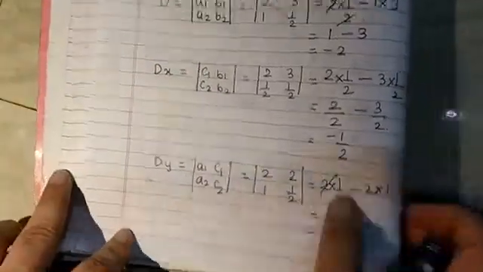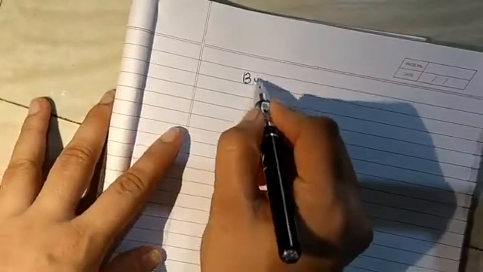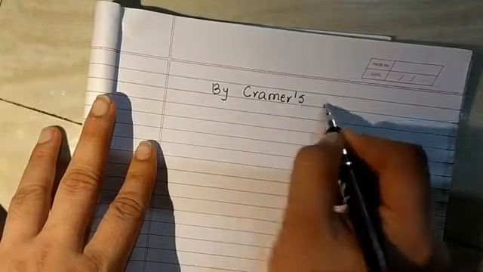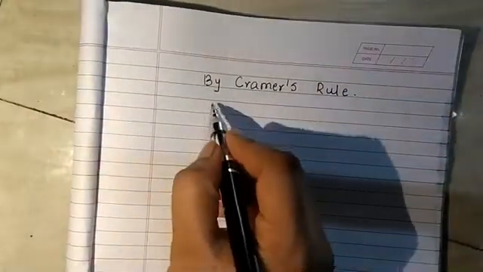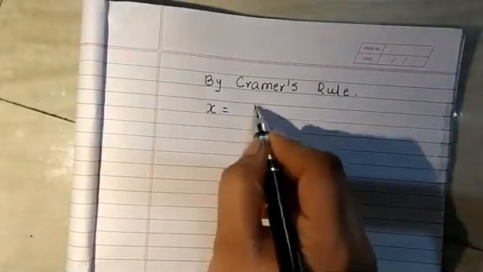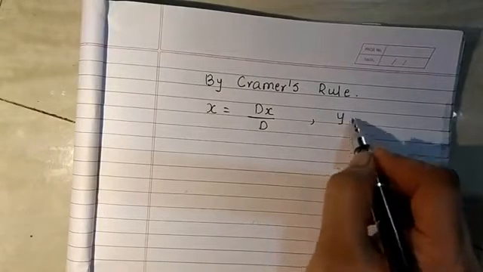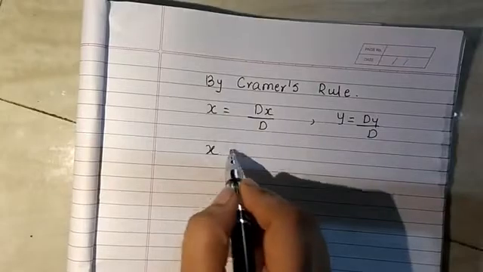Okay, so here I'm writing by Cramer's rule. By Cramer's rule, x is equal to Dx upon D and y is equal to Dy upon D. So put the value of Dx, which we have got.